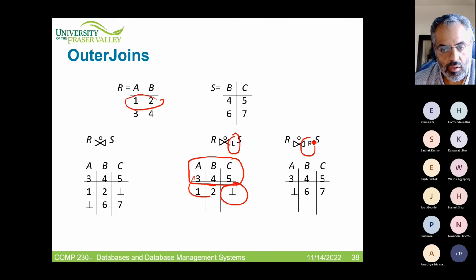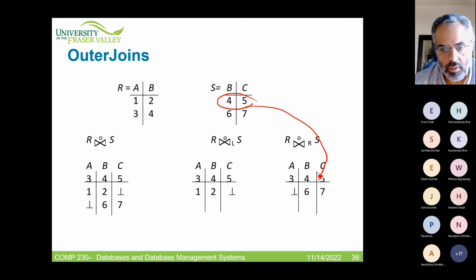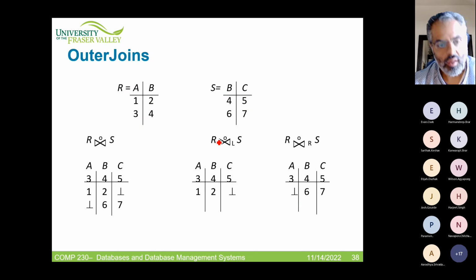In a right outer join, we consider the right, we don't consider the left one. So we have 4, 5 already mentioned here, but we lost 6, 7. So we mention it again with a null value, but we don't consider the left one. So outer join is very special. We rarely use it, but it's good to know about it.